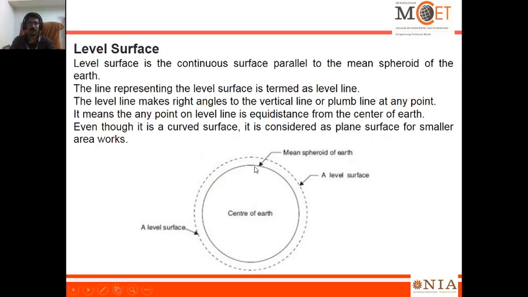Wherever you pick the point, it will be equidistant to the center of the earth. That is the level surface. This is the mean spheroid of the earth. It won't be exactly a circle, there will be undulation of the terrain, but the level surface will be parallel and equidistant to the center of the earth, right?